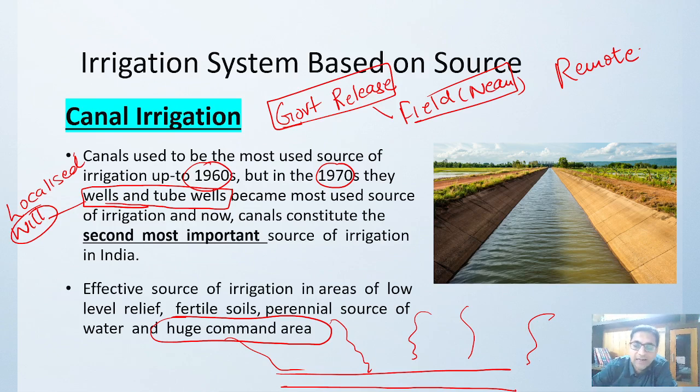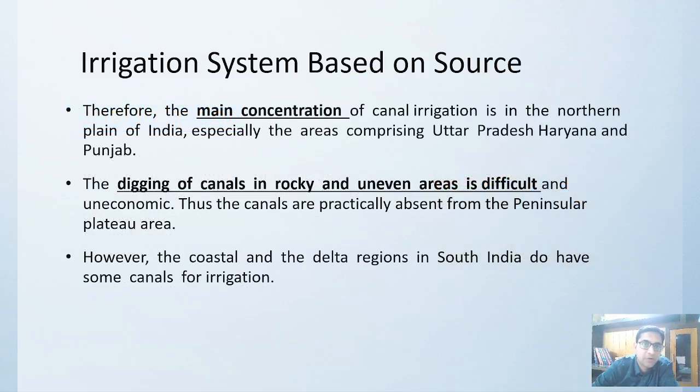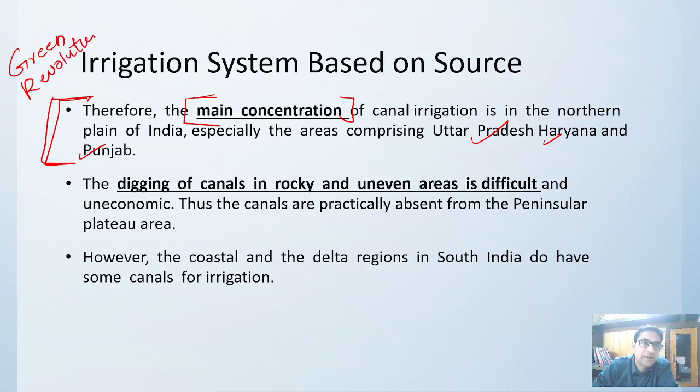There only canal irrigation is successful. That is why canal irrigation has its main concentration in places like Uttar Pradesh, Haryana and Punjab. And during that time only they did the green revolution, because the government was supporting these canal projects in the 1960s, right?